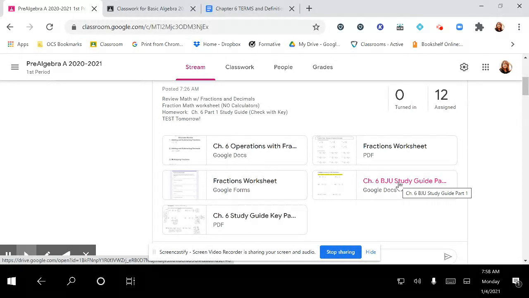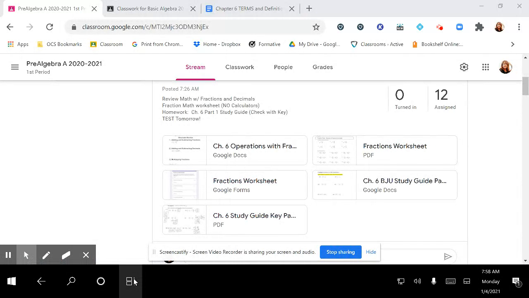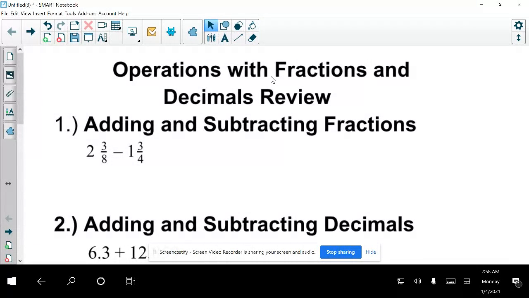And part two, we're going to get to use a calculator on. So you have a study guide like you normally do, and you have a study guide key. In class, you have a worksheet today about fractions, not decimals, and a Google form to fill out about that. But let's review everything that's going to be on that test regarding fractions and decimals that you do have to do without a calculator, okay?